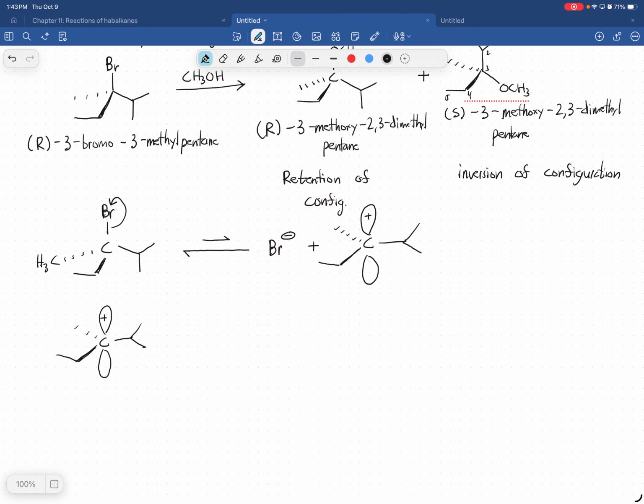So this one, your solvent, CH3OH, can either attack from the top face or the bottom face. If we go from the top face here, you're going to get a structure that looks like this.